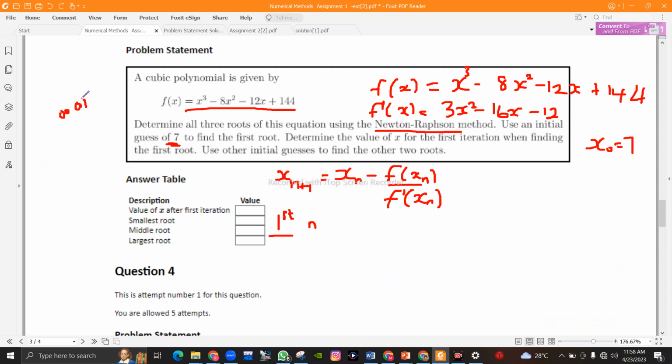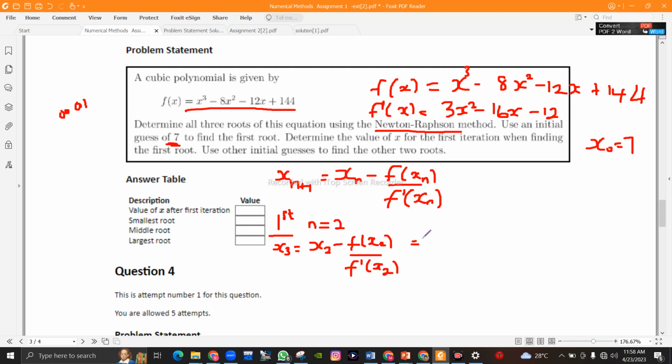For our third iteration, n is equal to 3. Sorry, n is 2. So this will be x3 equals x2, n is 2, minus f of x2 divided by f prime of x2. If you calculate that, what's our x2?